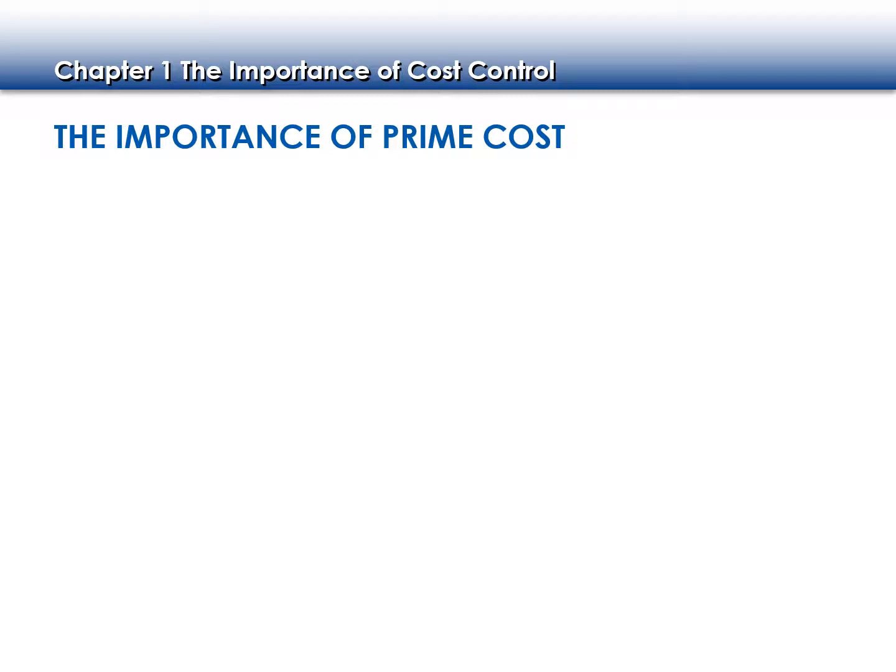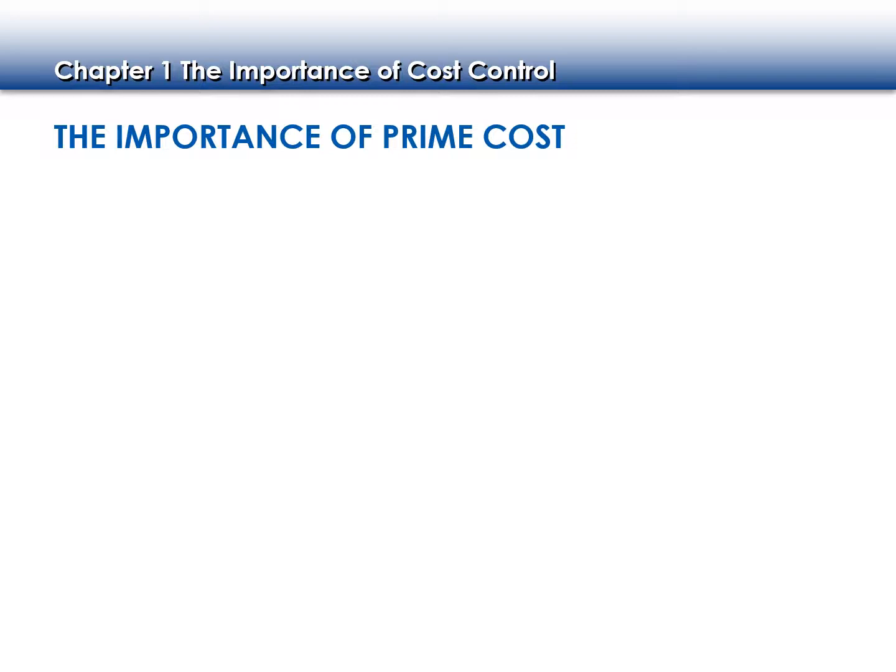What does it say? Operations total food cost, beverage cost, and labor cost. Okay, good. So the prime cost is our food cost, our beverage cost, and our labor cost. That is what is called our prime cost.